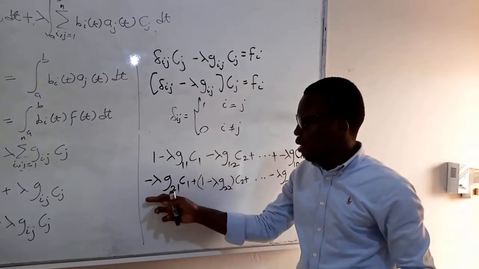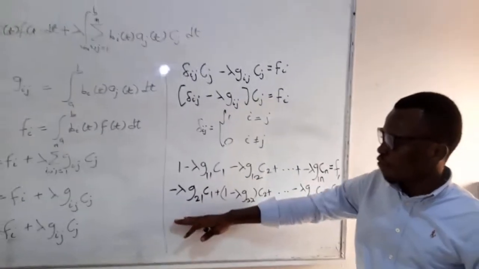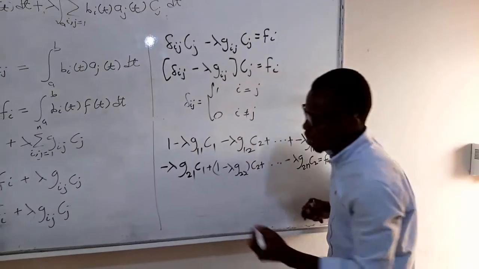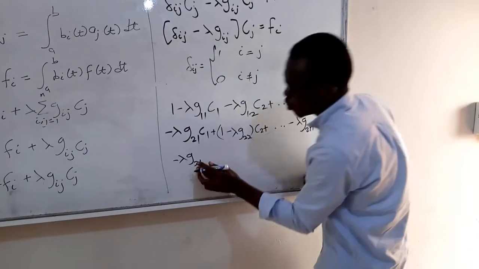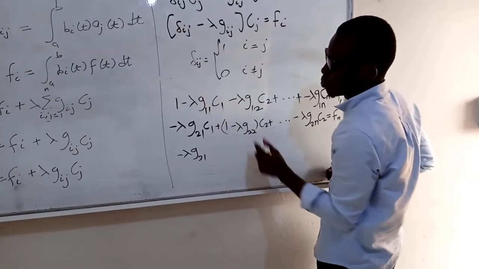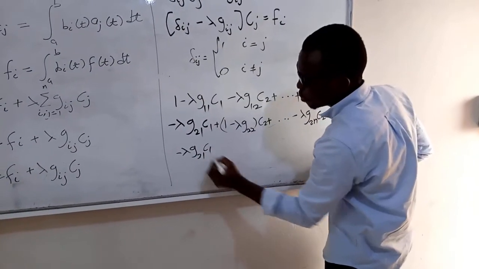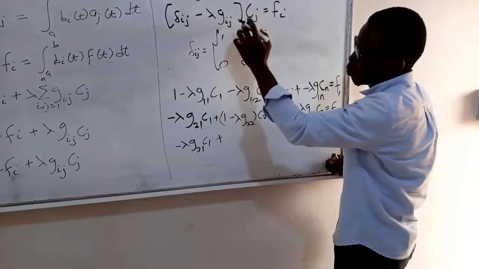Our next one becomes when i is 3 and we start from j equal to 1. We would have minus lambda j 3 1, because 3 and 1 are not equal, so the connected delta function here becomes 0, and then c1, j is 1. j runs from 1 to 2 again.